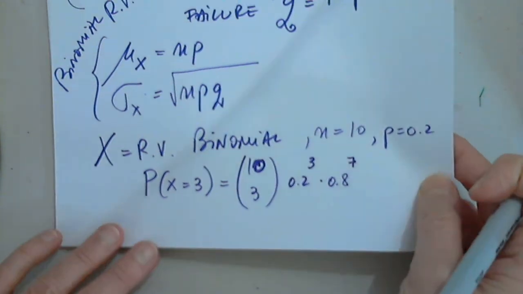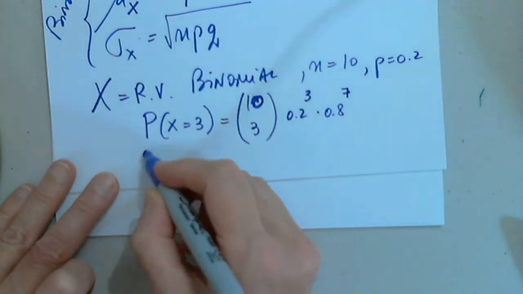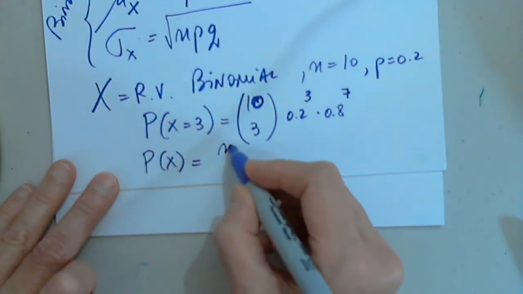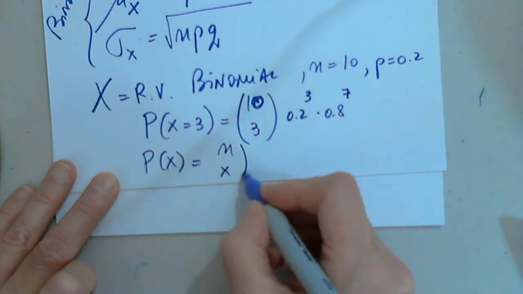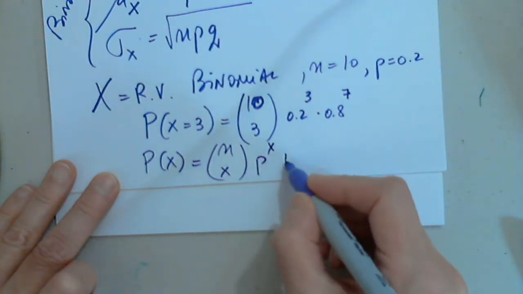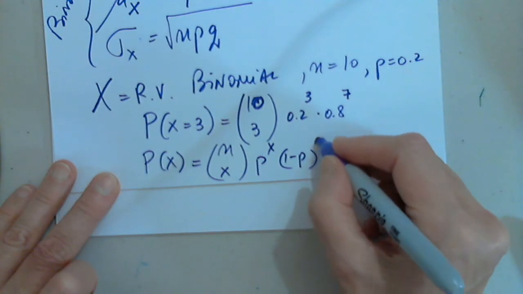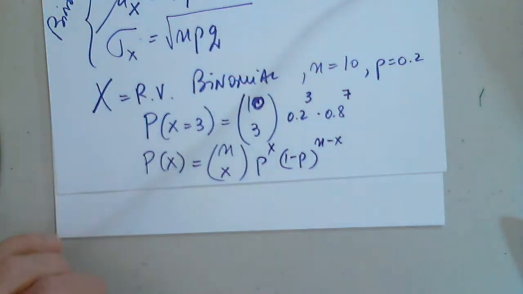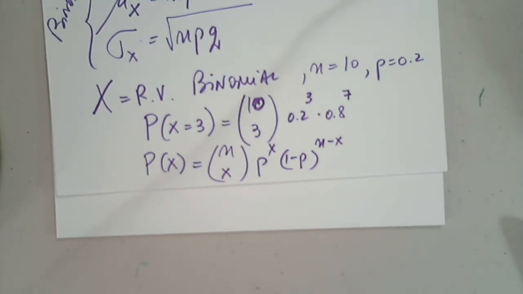So in general, here's the formula: P of X equals n choose x, p to the x, 1 minus p to the n minus x. We're not going to use it. I'm not going to force you to use it. We're going to calculate everything with a calculator or StatCrunch.